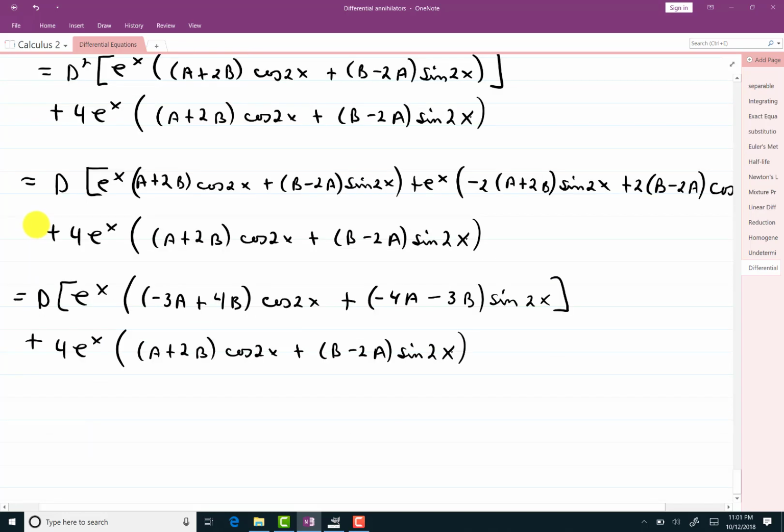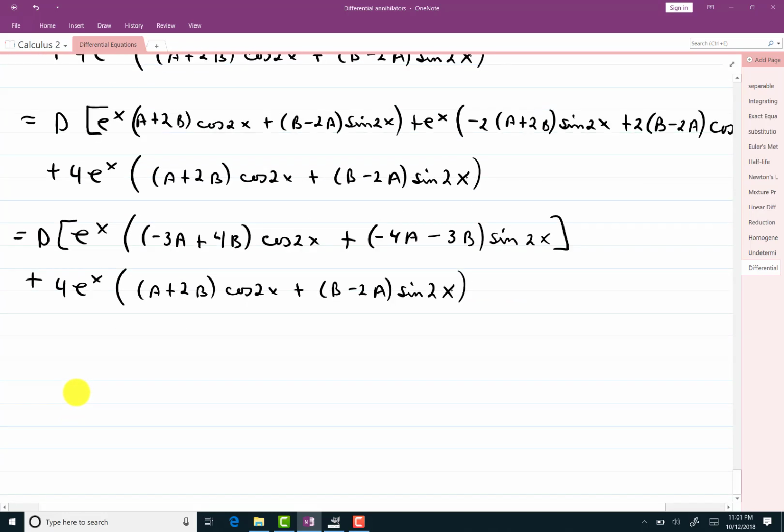I'm getting there. I got one more derivative to do. And as before, I'll leave the e to the x alone for the first part of the derivative.